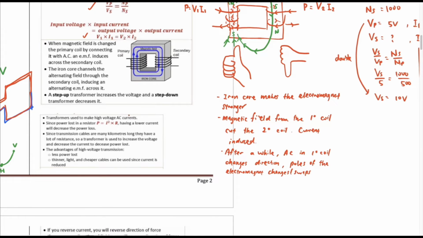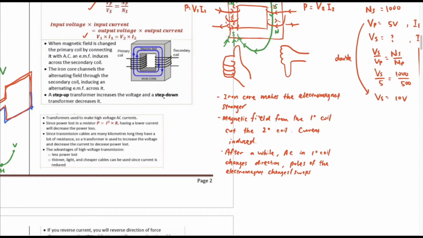alternating currents. Sir, for a step-up transformer, the primary coil will have more turns compared to the secondary coil, right? Yes. And for a step-down transformer, the primary coil would have fewer turns than the secondary coil? Can you repeat again for step down?